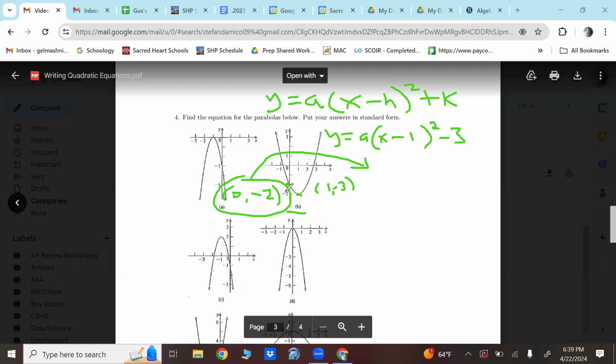Just give me a second. So you plug in zero for which variable?